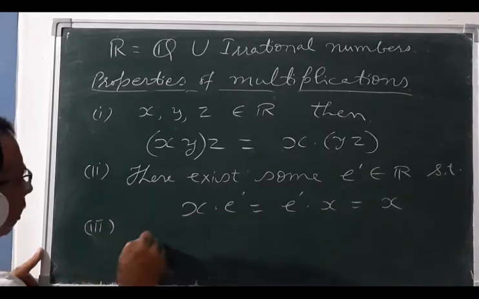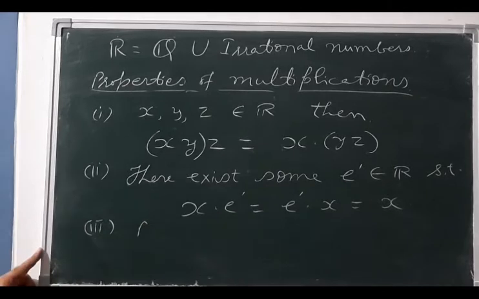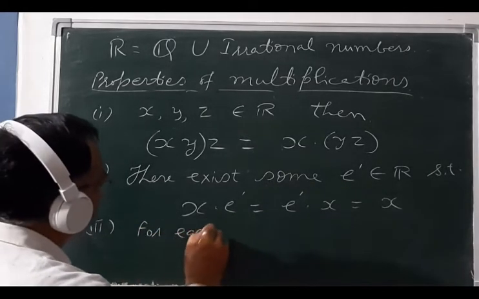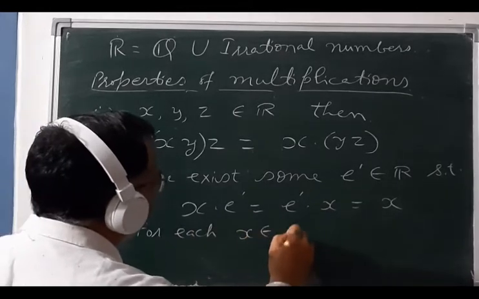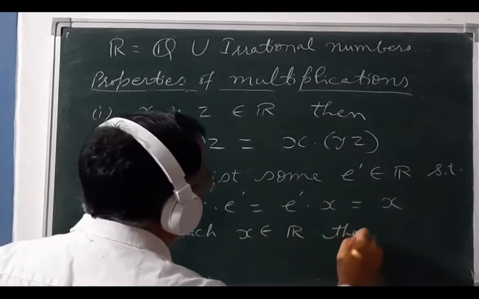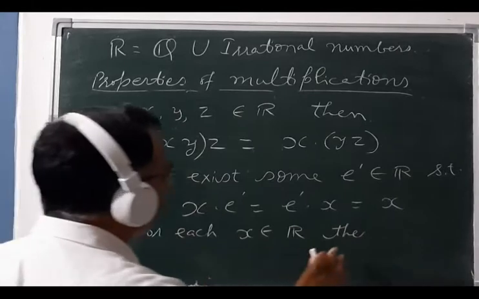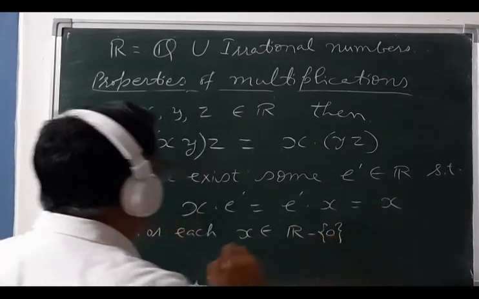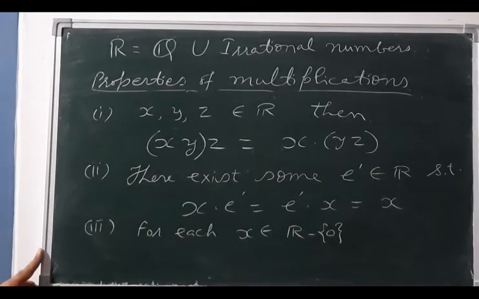The third is existence of multiplicative inverse. For each x belongs to R minus 0. I'll explain that 0 will not have a multiplicative inverse, so take any real number which is non-zero.